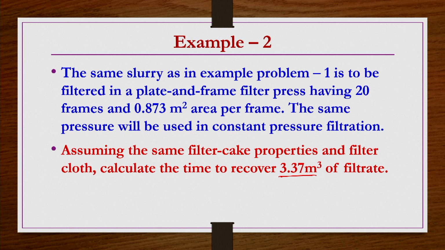The change is the area. If the area is changing, according to the new area, you have to modify the Kc slope and the intercept 1 by q naught, and then from there you make use of the same equation to get the time required to get 3.37 meter cube of filtrate.